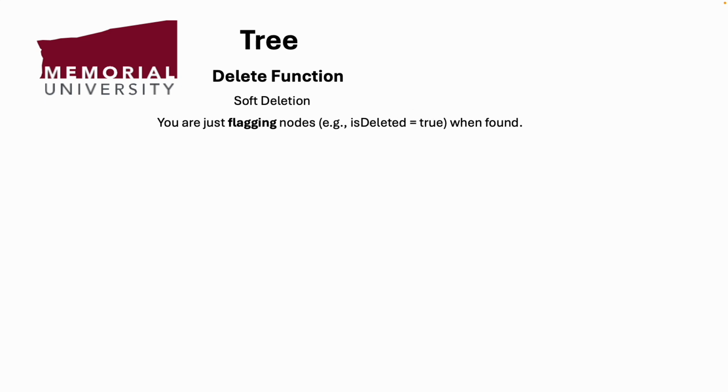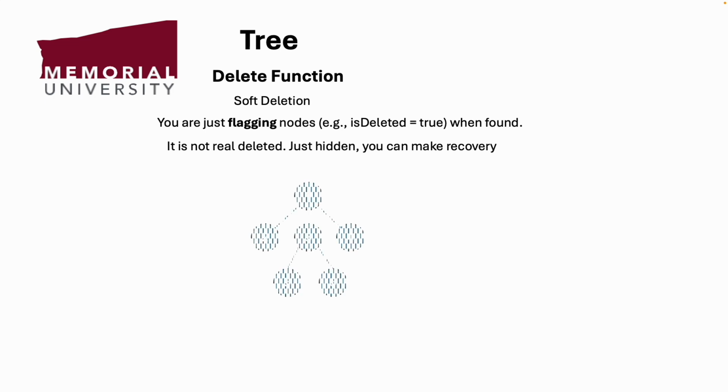If you find this node, you define the variable as true, otherwise it stays false. It means the node is still there, it's just not shown to the user. Again, this is not a real delete, just hidden, and you can make the recovery if you need.